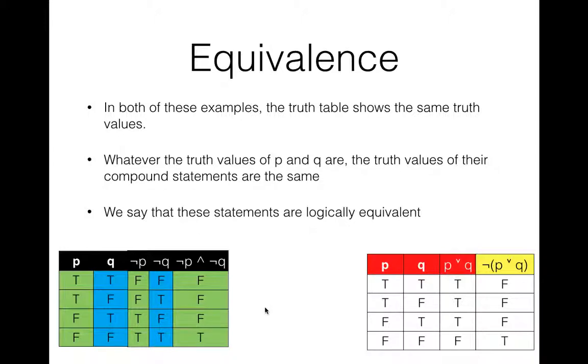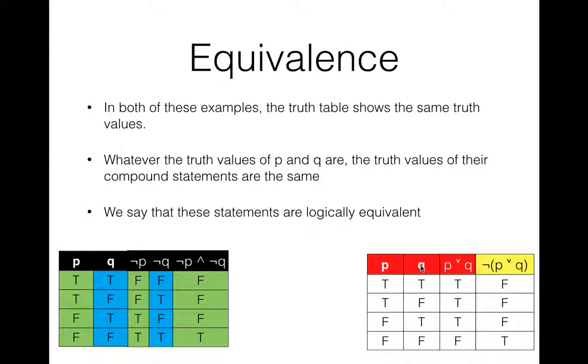Now just quickly, let's have a look. This is the table from the first question, and I've just popped that P and Q on here. Okay, then we've got our negation, not P and not Q, and then we've got our not P and not Q. And here I've got the table from our second question.